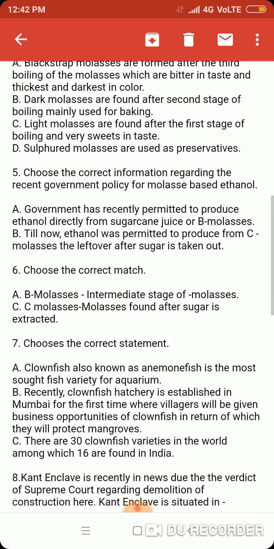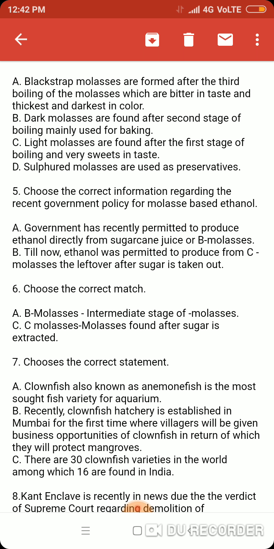This is also correct. So light molasses is the first stage, dark molasses the second, and blackstrap the third. As we proceed from stage 1 to 3, the sweetness gets lessened. The first stage is very sweet, the third stage is bitter.